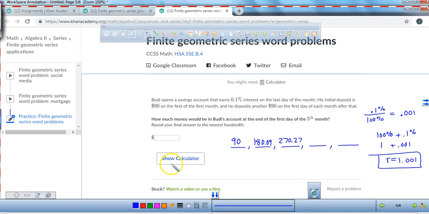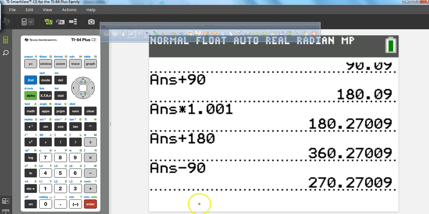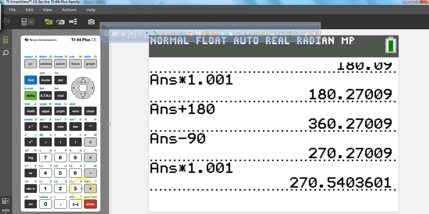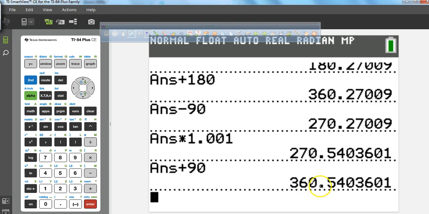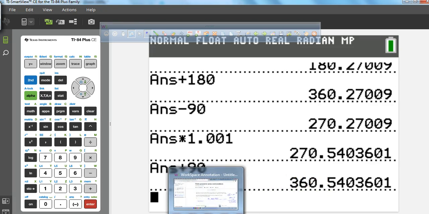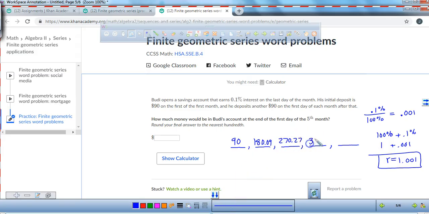270.27. Then we're going to multiply that by 1.001. We're going to add another $90 to that, because at the beginning of each month he adds $90. Right? Good old Buddy. All right, check this out. 360.54.